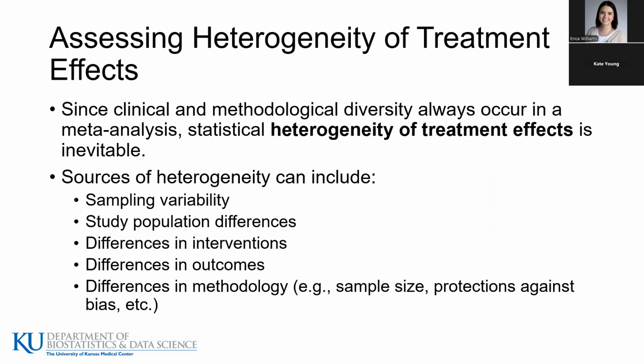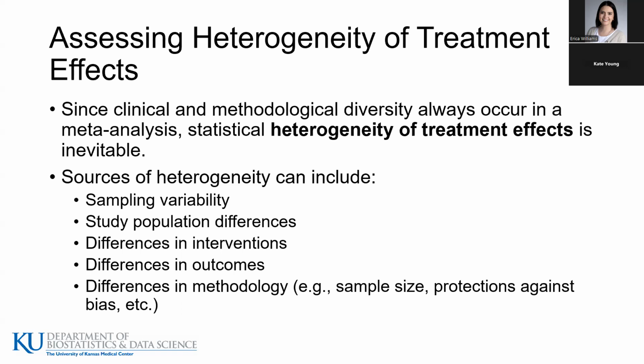Inevitably, studies brought together in a systematic review and meta-analysis will be very different. So any kind of variability among the studies may be termed heterogeneity, but it can be helpful to distinguish between the different types of heterogeneity. Variability in the participants, interventions, and outcomes can be described as clinical heterogeneity.